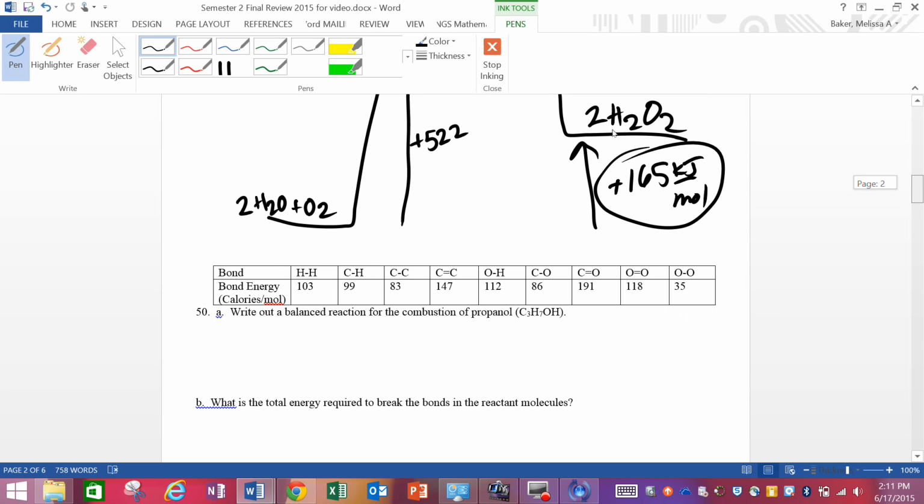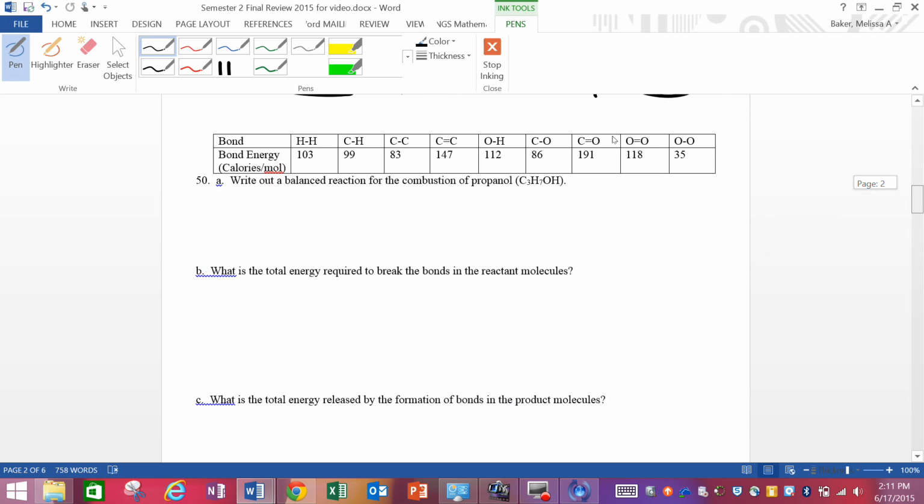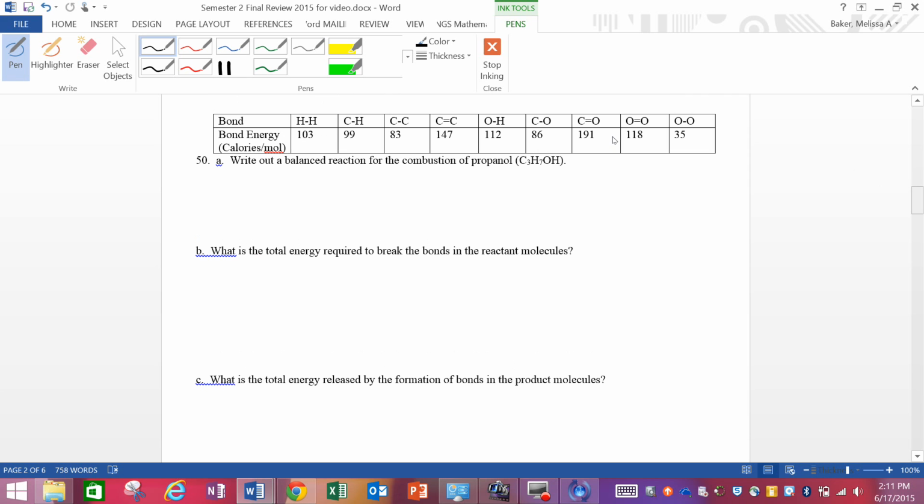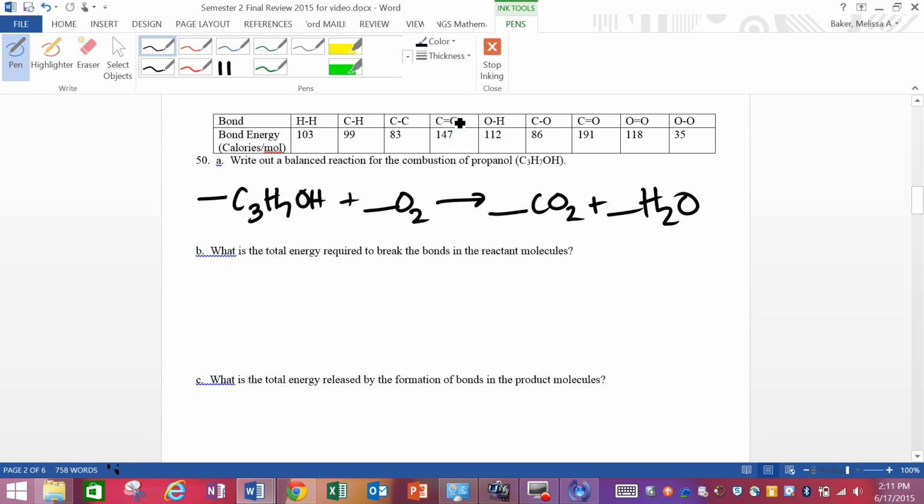All right, moving on to one of these where we calculate how much energy it takes to break the bonds, figure out how much energy we're getting back, and then calculate the heat of reaction ourselves. So first it says write out the balanced reaction for C3H7OH. If it's combustion, you know that it's plus O2 and that it always makes CO2 and H2O. To balance this, we need to use the CHO method.